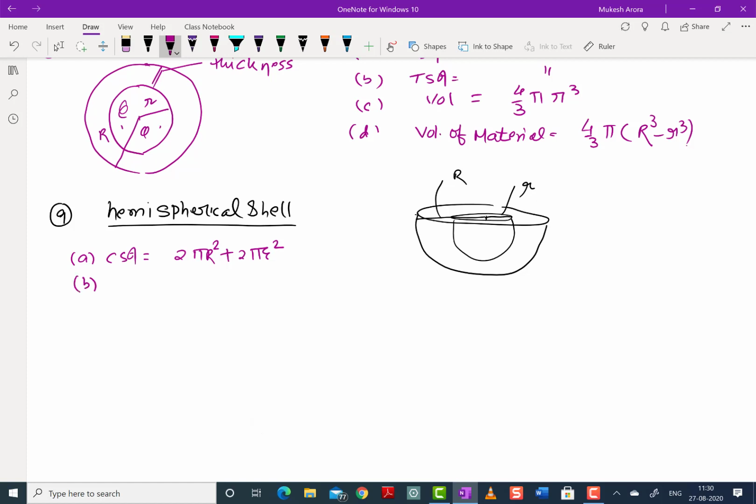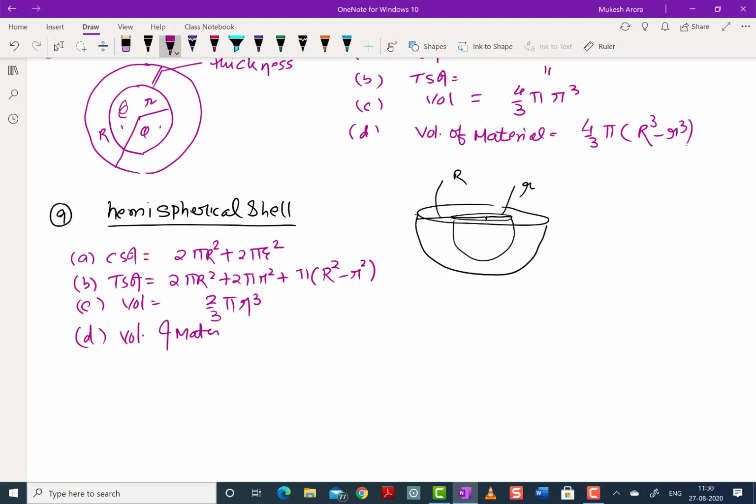B. Total surface area is curved surface area plus area of top, that means pi R square minus r square. Volume means inside, 2 by 3 pi r cube, and D, volume of material is equal to 2 by 3 pi (R cube minus r cube).